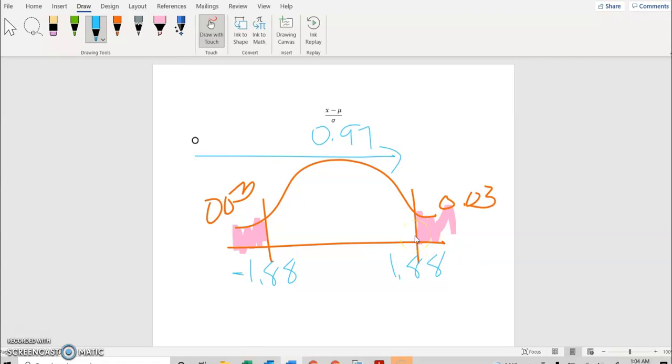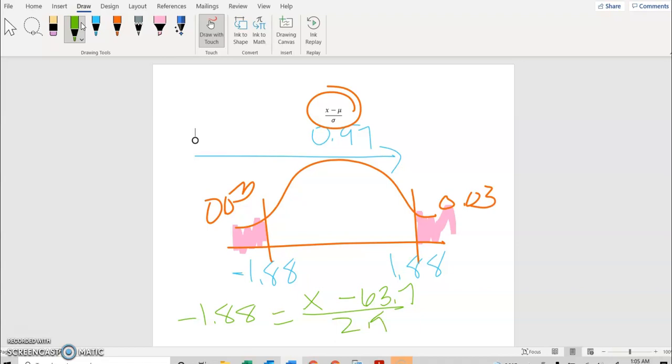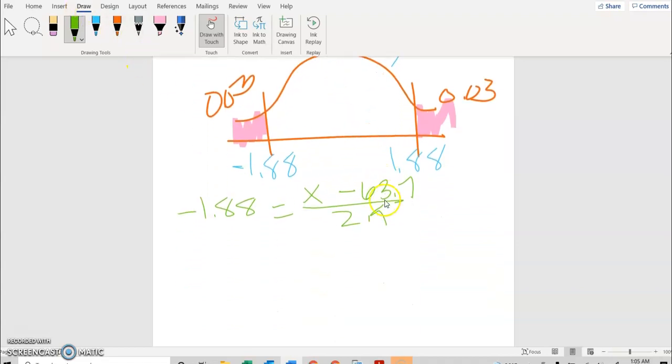Now, this isn't the answer though. These are the z-scores. I need to convert back using this formula up here. This is our conversion formula to the x value. So down here, negative 1.88 equals, I don't know what x is, minus my mean, which was 63.7, over my standard deviation, which was 2.9. So now I need to solve this equation.